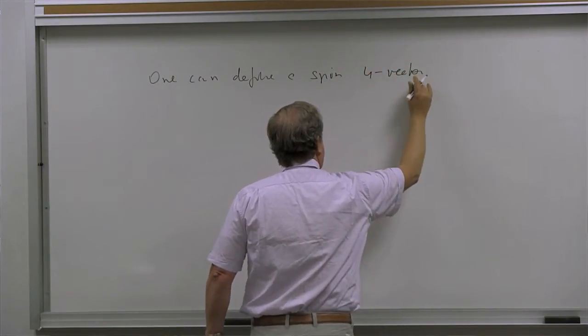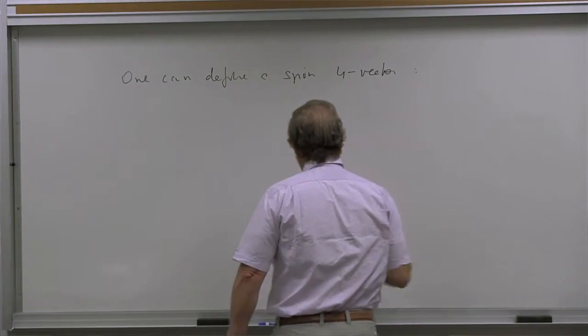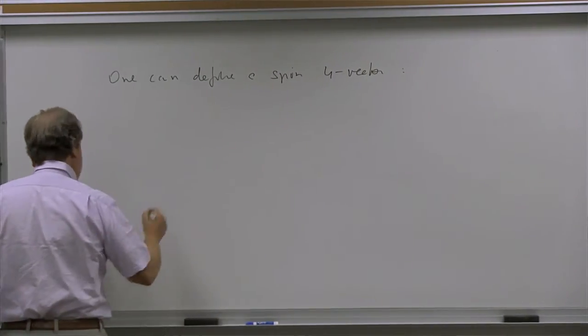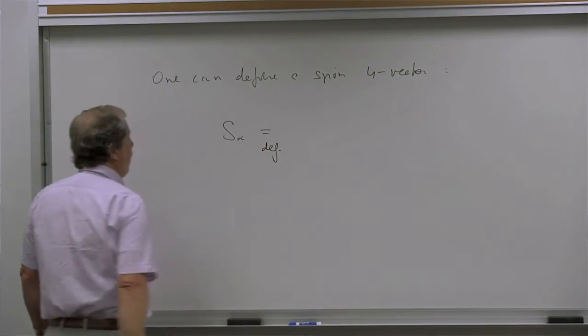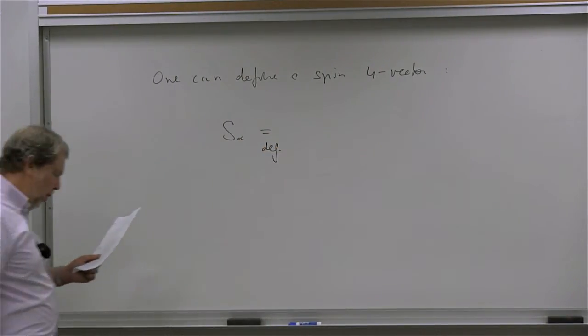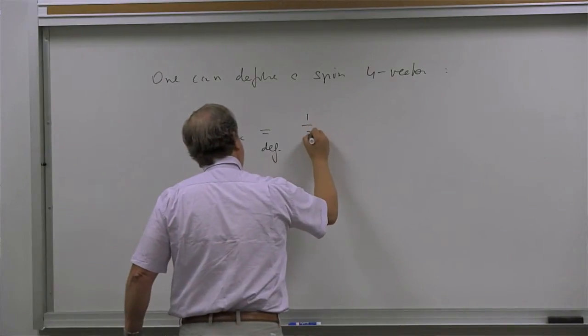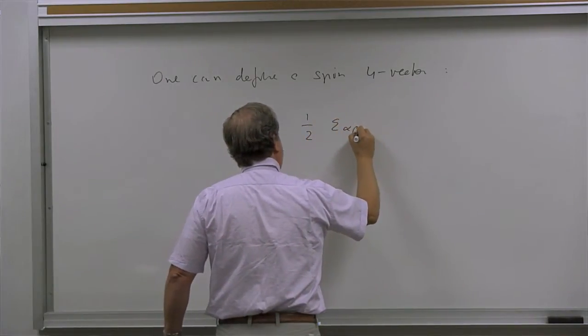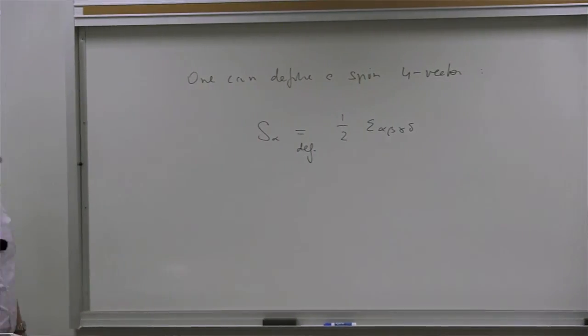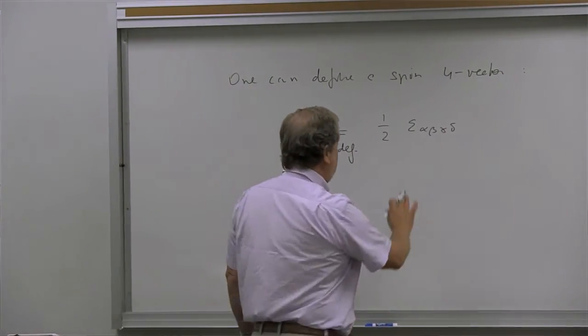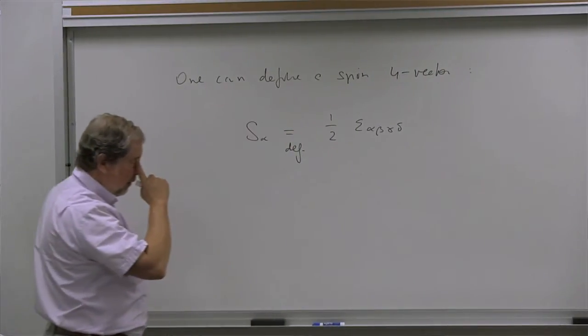One can define a spin 4 vector, defined by calling it S alpha, right? And S alpha uses the following combination: 1/2 epsilon alpha beta gamma delta. So there has to be an epsilon symbol, this Levi-Civita density in 4 dimensions, right?